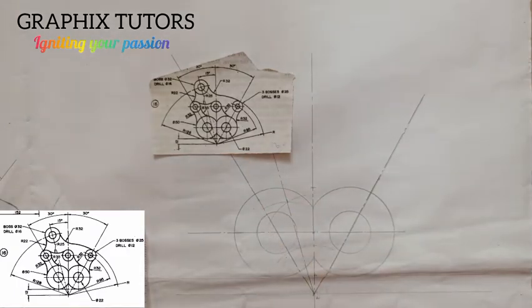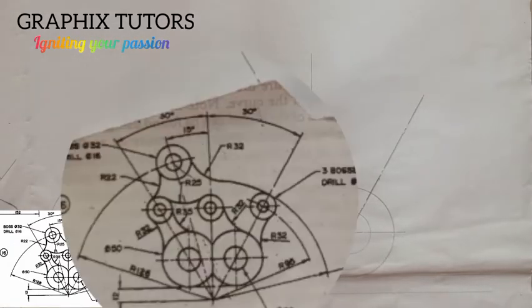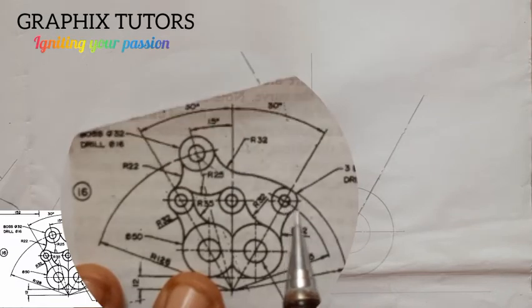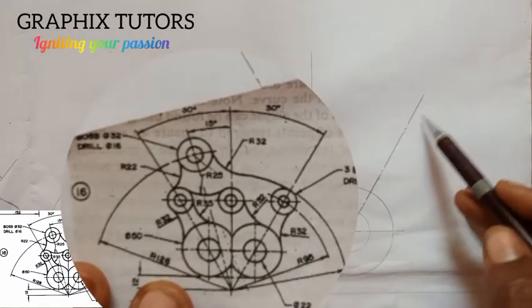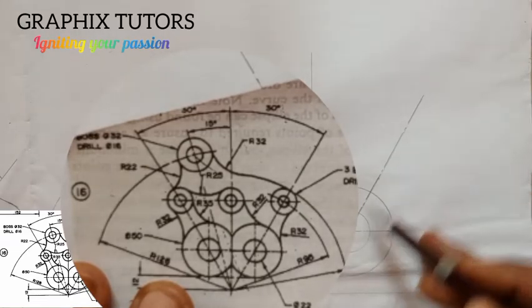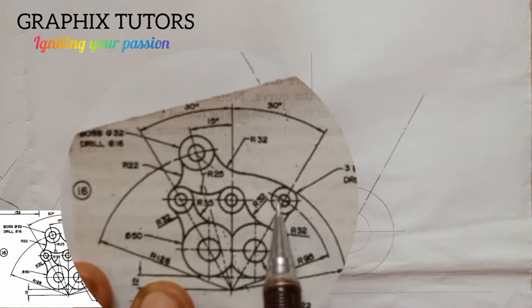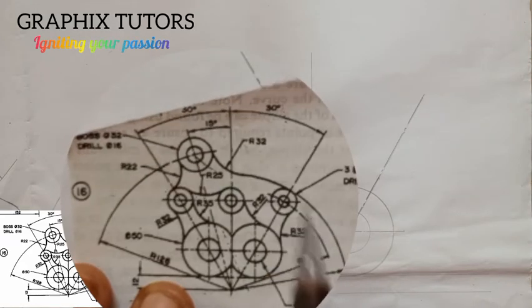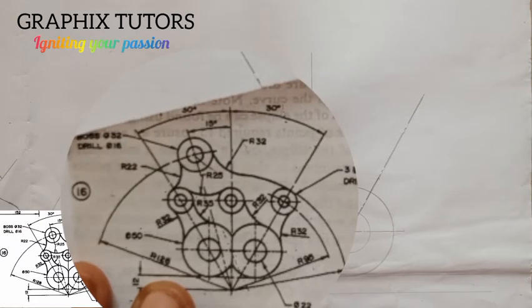Now after we've done that, the next thing we'll be doing is to draw this circle. The circle is inclined on this line of what? 30 degrees, right? The vertical. And the radius at which the center of that circle is, 95, right?